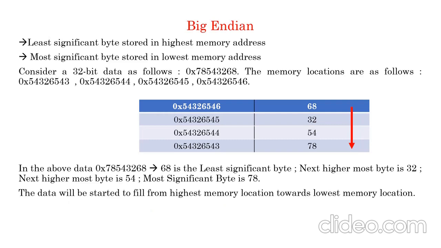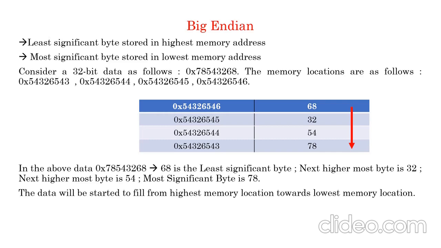The same data I am considering over here. As they said, least significant byte at the highest address. So 68, the least significant byte, will be stored in location 46. Then 32 will be stored in the next lower memory location, 45. Then 54 will be stored in the location ending with 44.